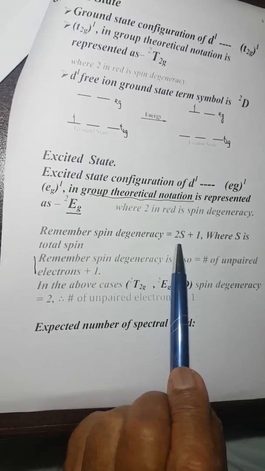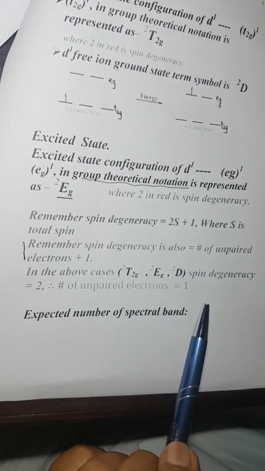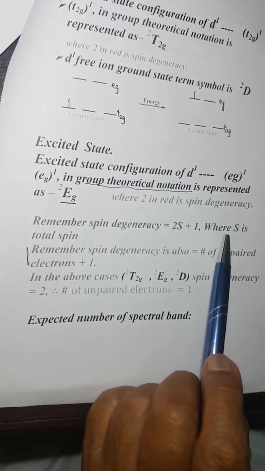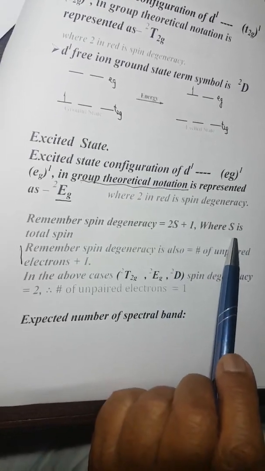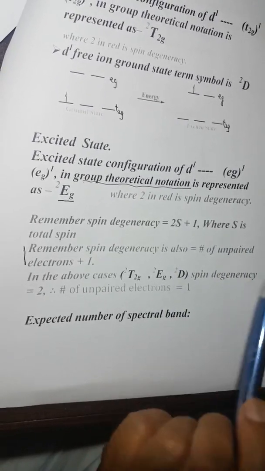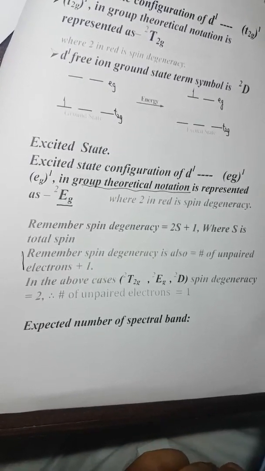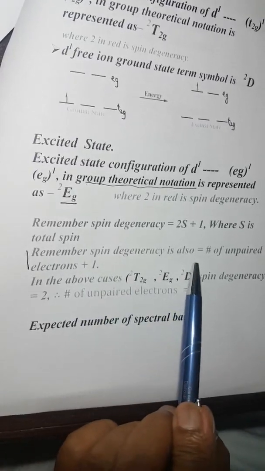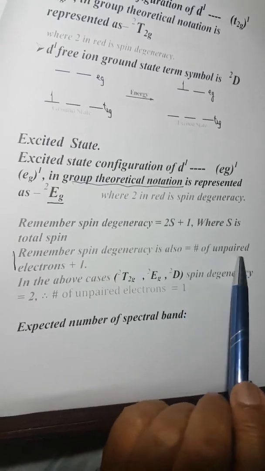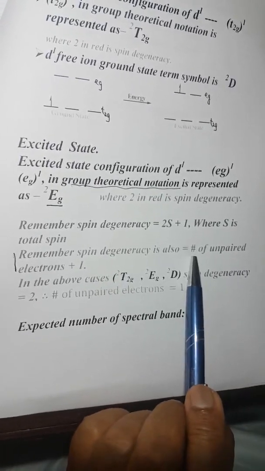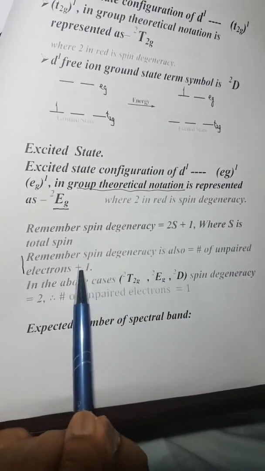It is very easy to find out: just find how many unpaired electrons, add 1, and that will give you spin degeneracy.